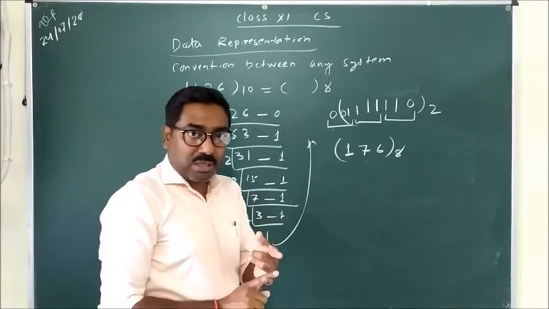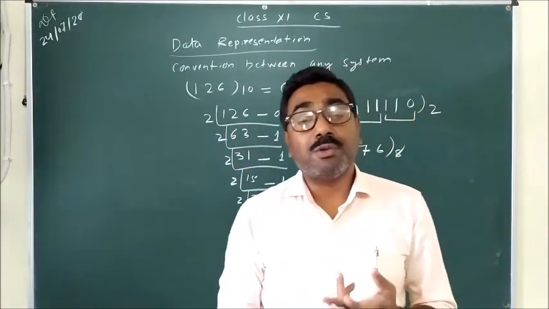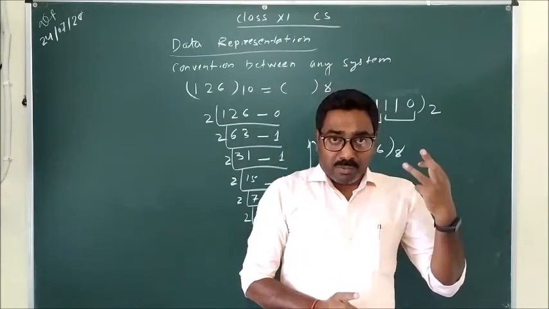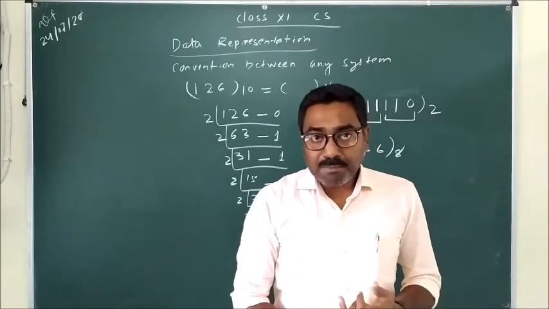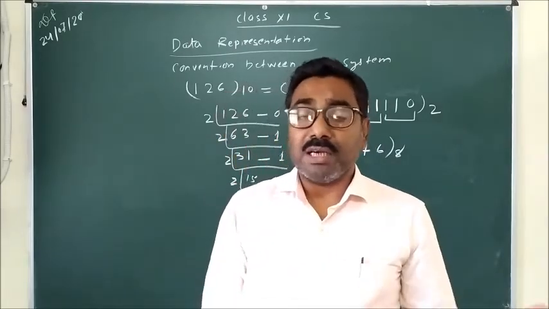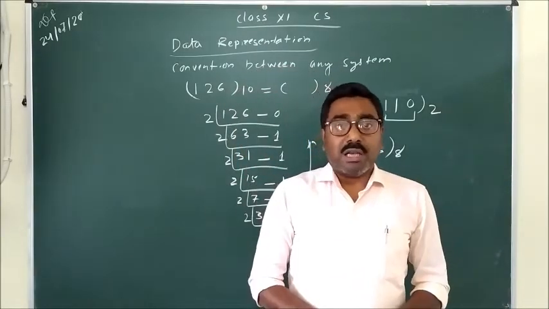So for converting a decimal number to octal number, you can proceed either by dividing the number by 8 and taking the remainder. Another way is by first converting the decimal number to binary number and again from binary number to octal number.